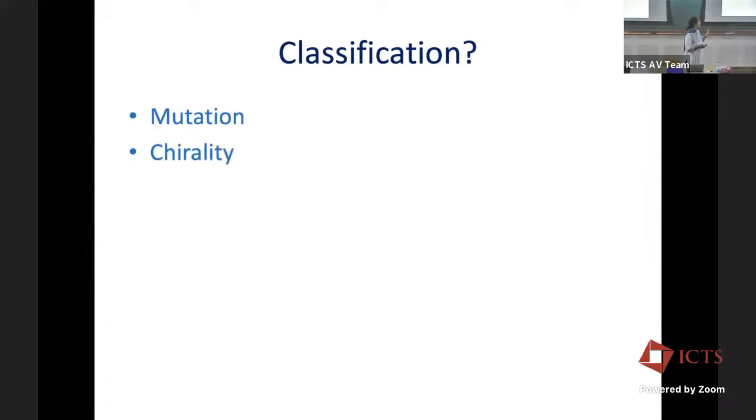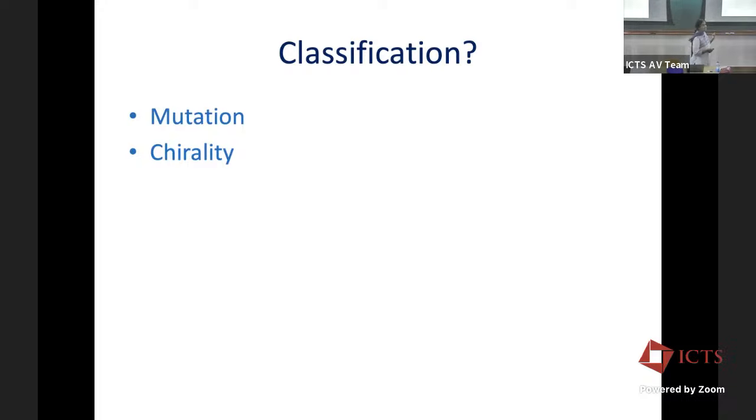Mutation, I'll explain by diagram what it is. And chirality is another one. If you take a knot and take the mirror image of the knot, you cannot connect those two by a set of Reidemeister moves 1, 2, and 3 for general knots. So there are chiral knots, there are amphichiral knots. Chirality detection is also an open question.